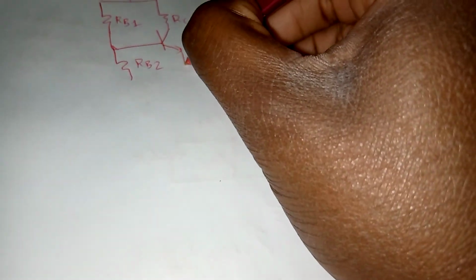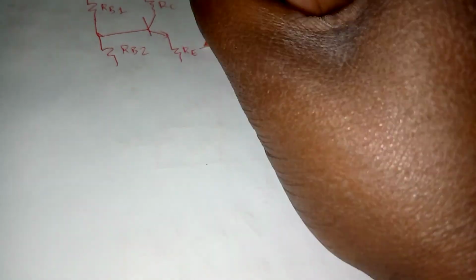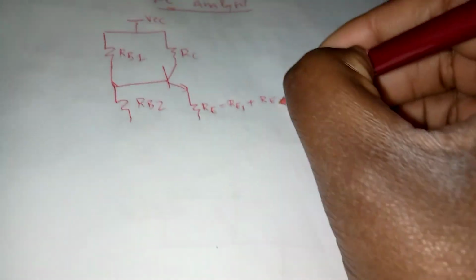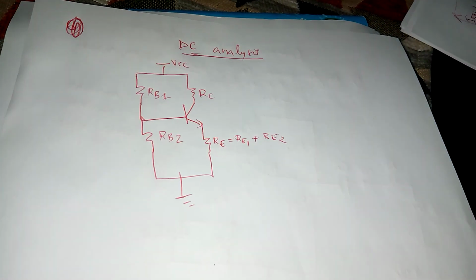RB1, RB2, VCC, RC, the transistor is there, a single RE, which is RE1 plus RE2, and ground.